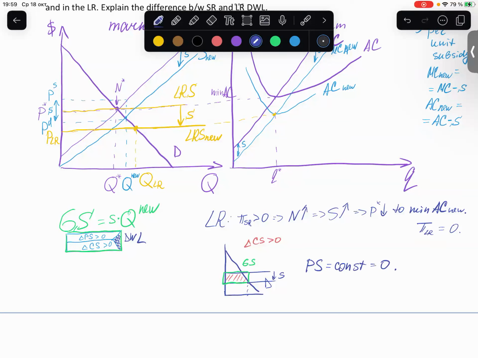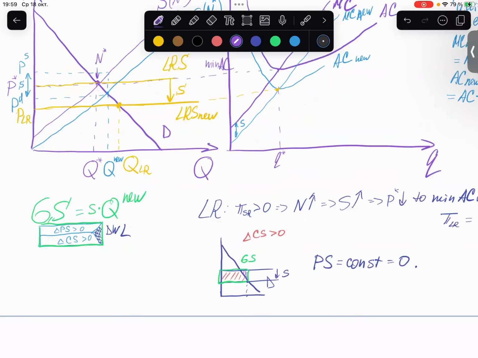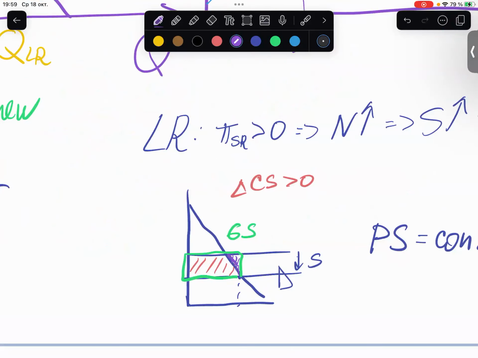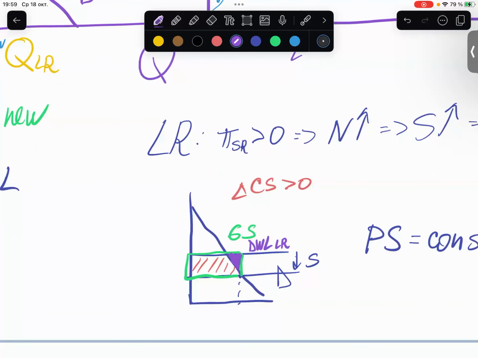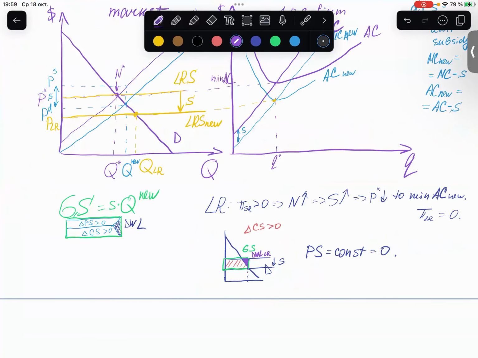Yes? So deadweight loss is the difference between the government spendings and the change in the consumer surplus. This is the deadweight loss in the long run. And when we compare deadweight loss in the short run and in the long run, intuitively, in the long run, deadweight loss will be higher. Why?